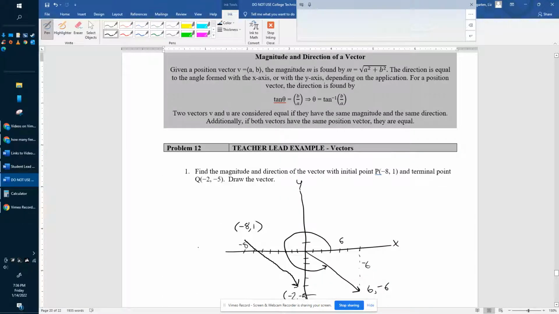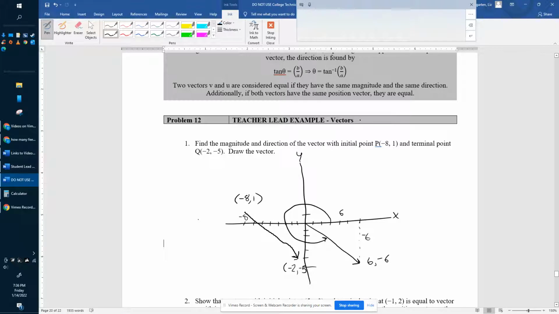We can do a squared plus b squared and take the square root. So 6 squared plus (-6) squared, and we can take the square root and get our magnitude. Essentially, what is the strength of the vector? We get 36 plus 36.